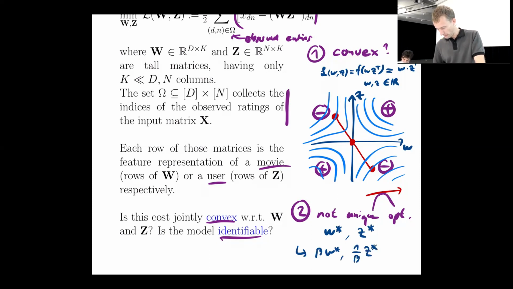So this is also optimal. Okay, so there are many optima, and again, it's interesting, but not necessarily a big problem, but it's good to be aware that this can happen.